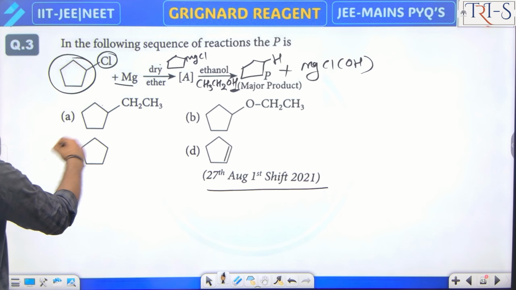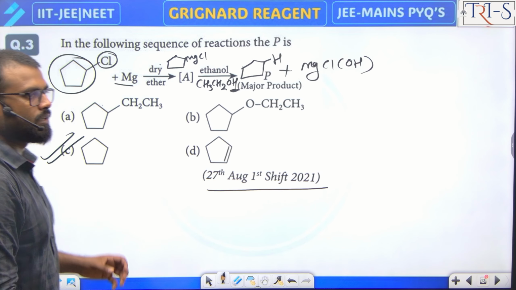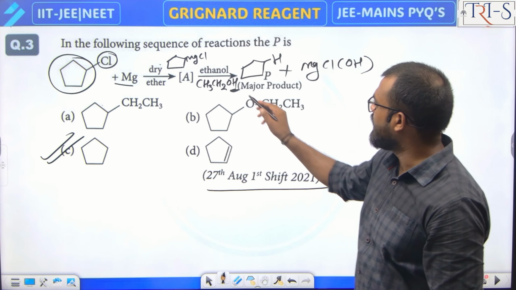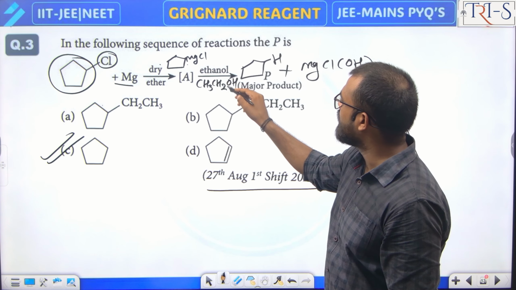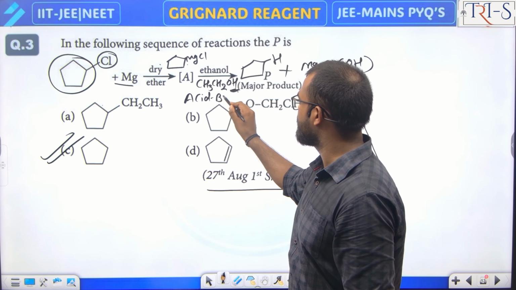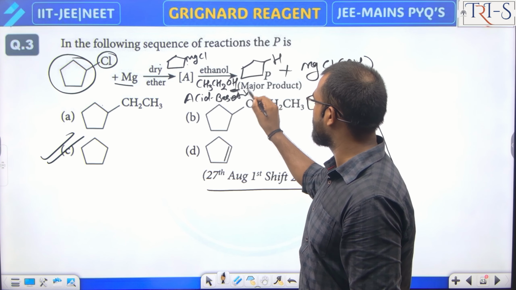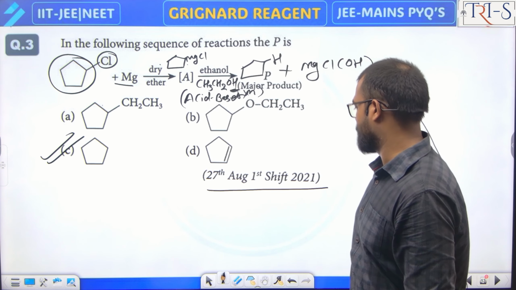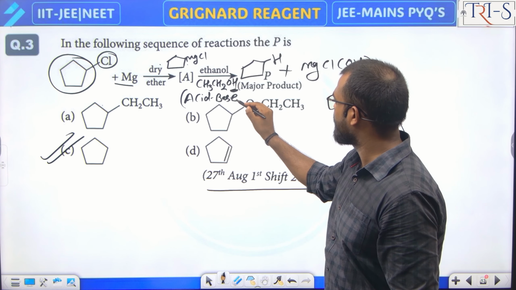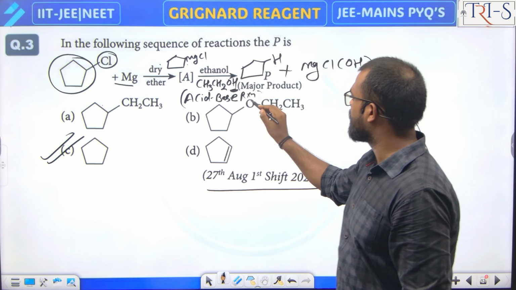So the option will be C, because the ethanol can provide H plus to this compound, and here an acid base reaction can perform.